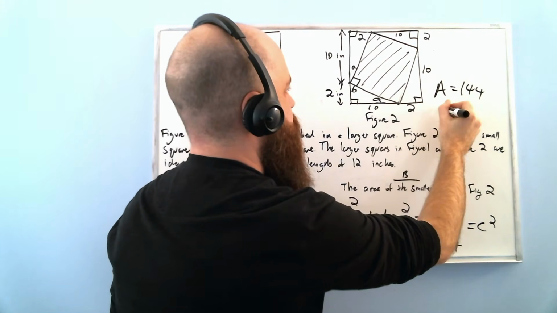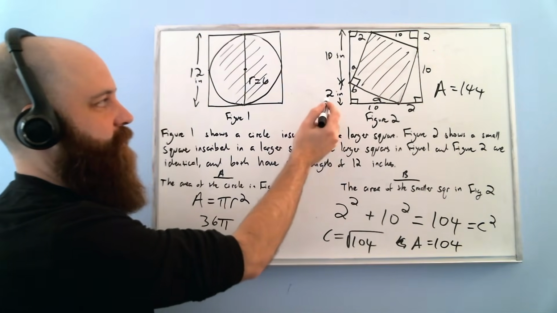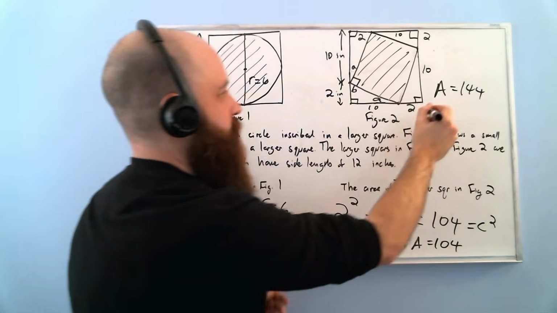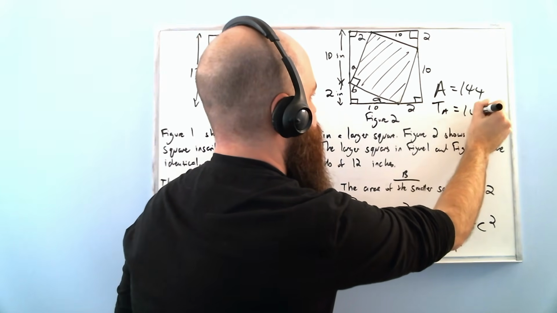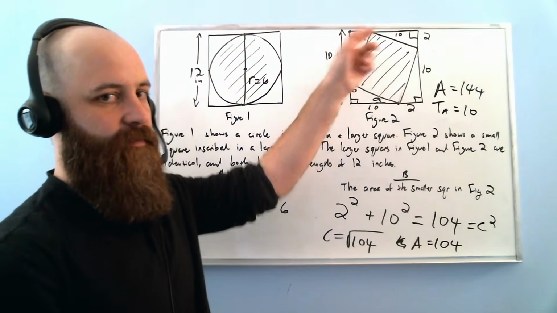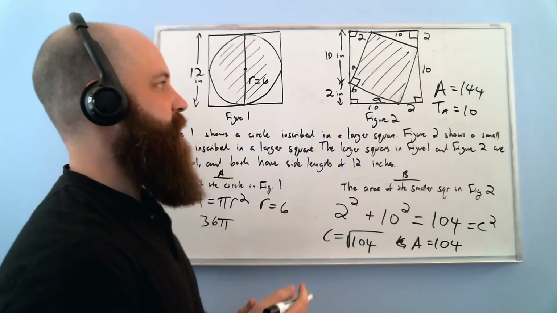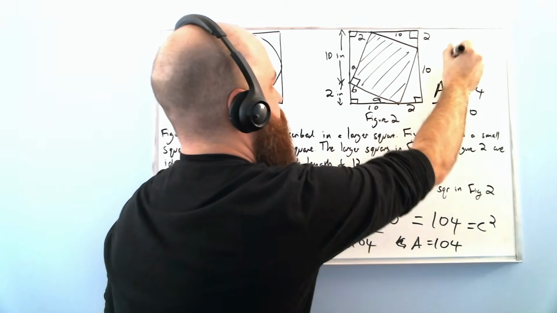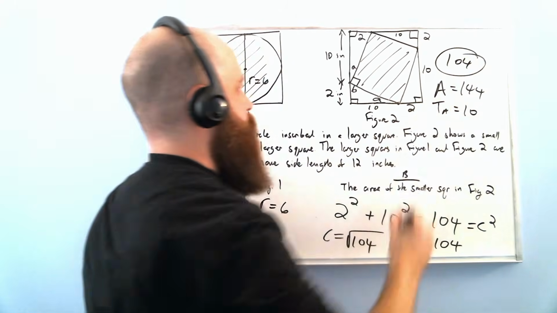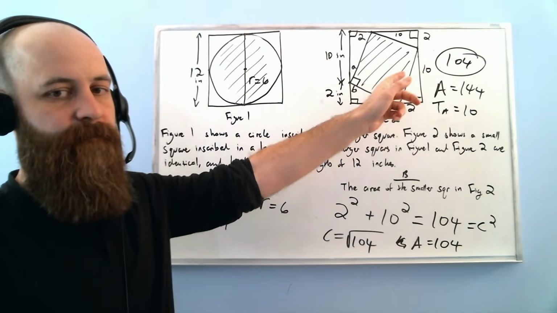The area of each of these triangles is 1/2 times 2 times 10. So the triangles each have an area of 10. And then I've got 4 of them, so altogether those triangles have an area of 40. So 144 minus 40, yeah, that's another way to get to the shaded area of 104.